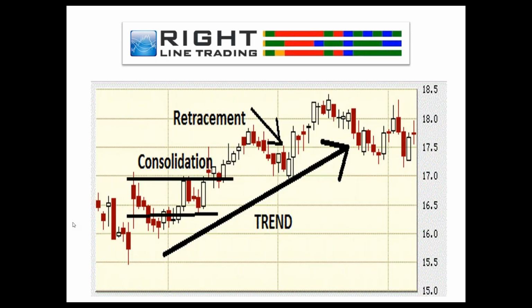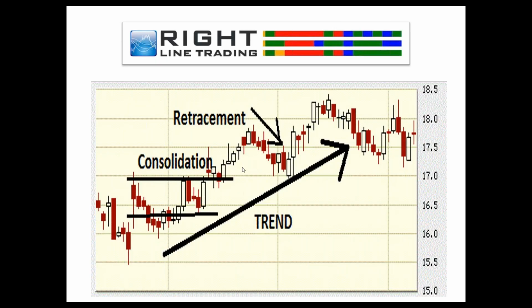The problem is that you don't know how long it's going to last, and you have a time-sensitive instrument. So if a stock goes into consolidation in an uptrend, you can potentially be in big trouble, and it could cost you all of your money on that position.